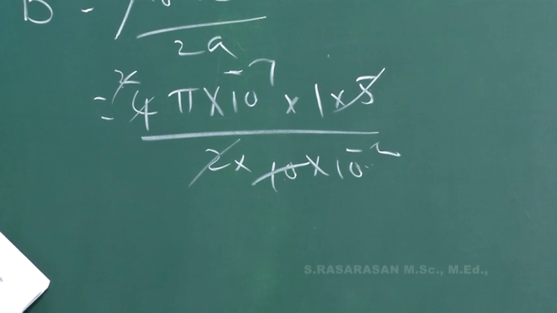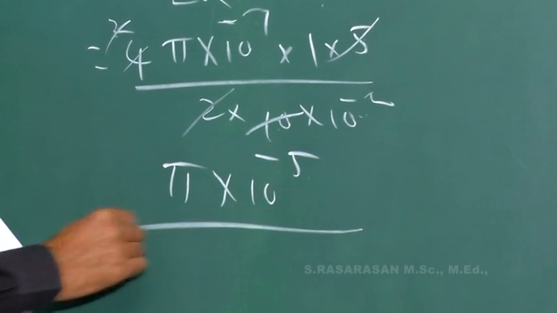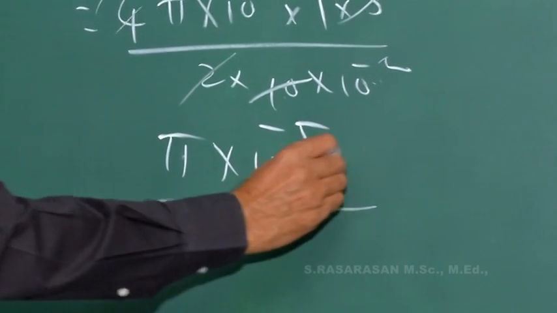Minus 7 plus 2 is minus 5. So pi into 10 to the power minus 5, or 3.14 into 10 power minus 5.